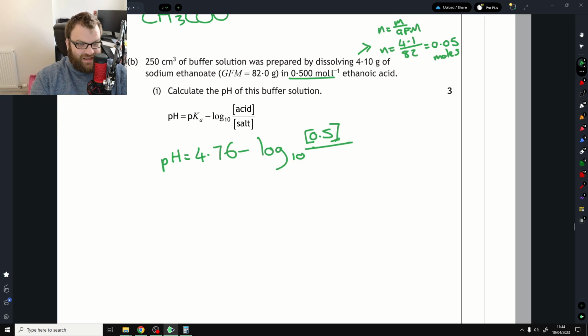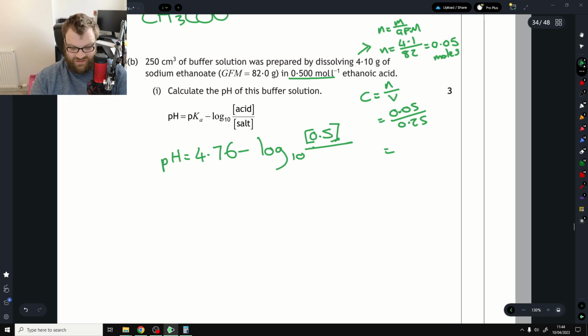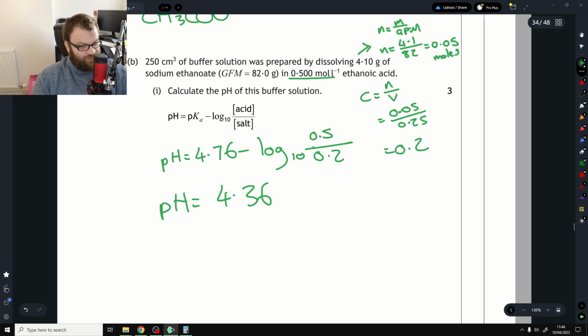That is in 250 centimetres cubed of the solution. So then to work out our concentration equals number of moles over volume, 0.05 over 0.25. That gives us an answer of 0.2. I'm going to put 0.2 on the bottom. And at this point, you just pop that into your calculator, and it gives you 4.36 as your pH value.